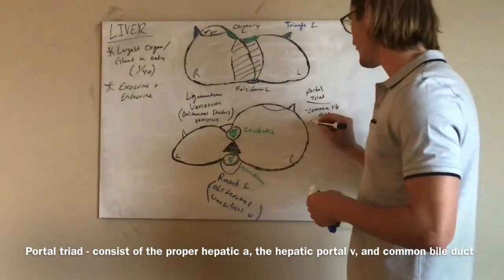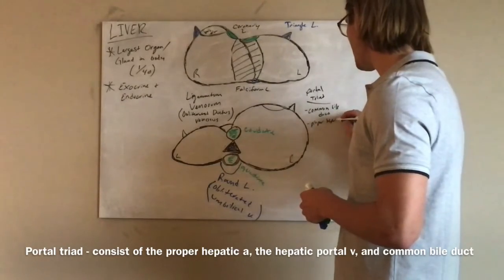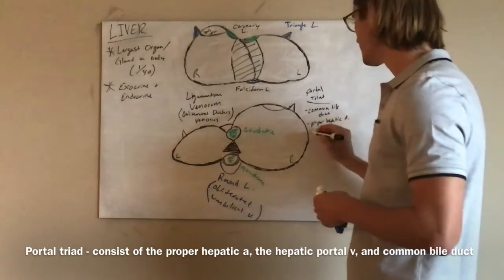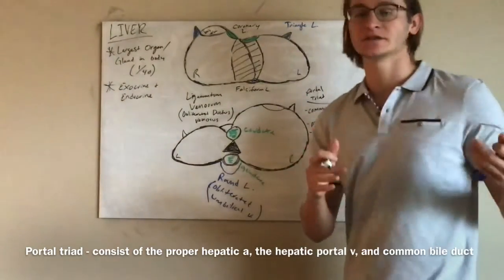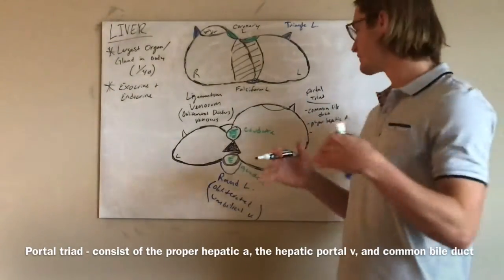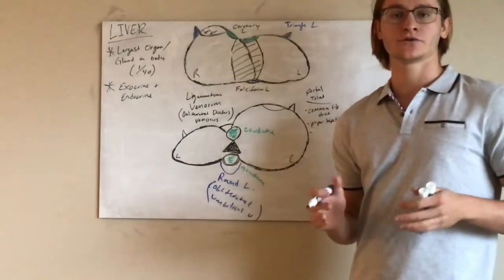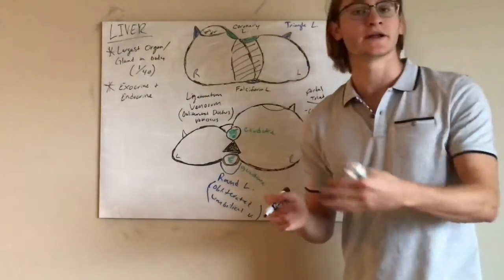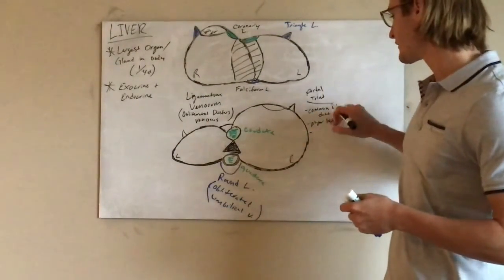And then we're going to also have the proper hepatic artery. So our common hepatic artery, as you guys, if you have seen the last video, supplies both the left and right hepatic arteries, and it also branches off into the cystic artery as well. So proper hepatic artery, common bile duct.